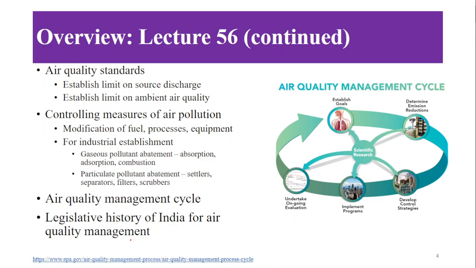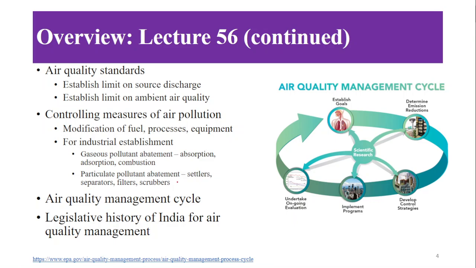For industrial establishments, the controlling measures for gaseous pollutants can be absorption through liquids, adsorption over solids, or combustion. These have been discussed before. And for particulate pollutants, it can be through gravity settlers, cyclone separators, filters, or scrubbers.